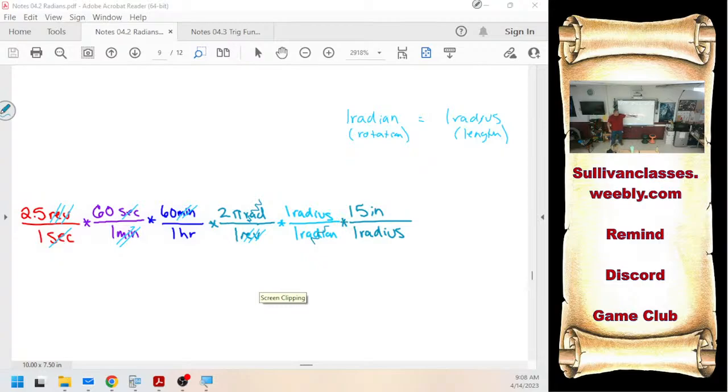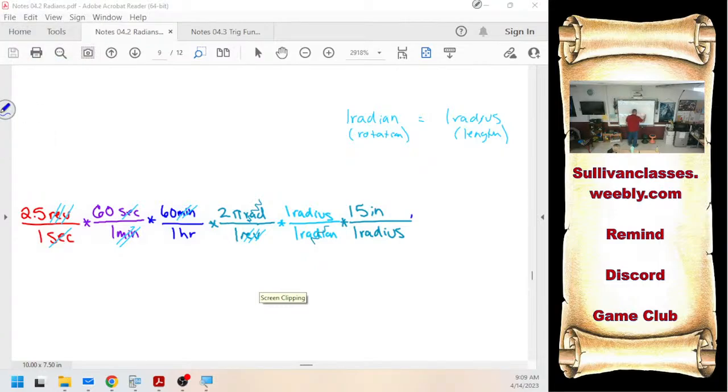The red was the part we don't need. What I'm saying is you can go from 2 pi radians, cross out here, and immediately go to inches. But some kids need to see the portal to walk through it. I'm now in inches per hour. I don't want to be in inches per hour. I want to be in miles per hour.